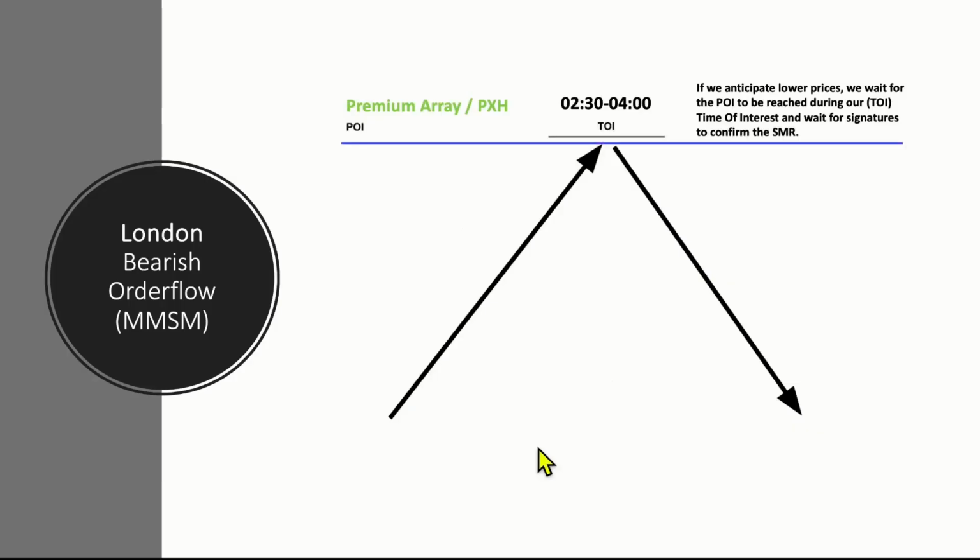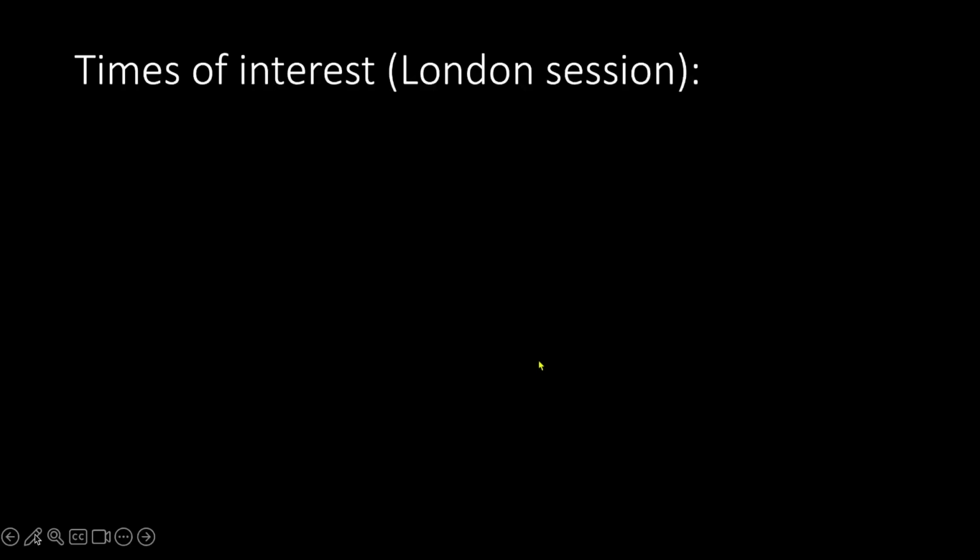When we take a look at the bearish example, we are looking for repricing higher into a point of interest, into a premium array and PXH during 2:30 to 4 a.m. Again, this occurs when the higher time frame order flow is bearish, and we want to see a smart money reversal occur within that point of interest during the right time, and then we want to see sell side delivery occur next.